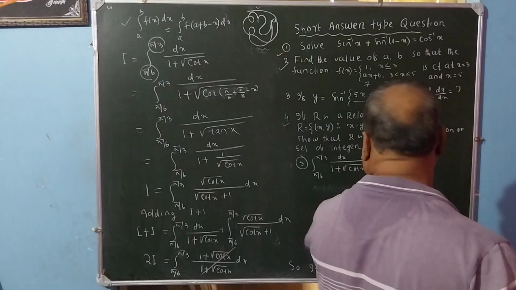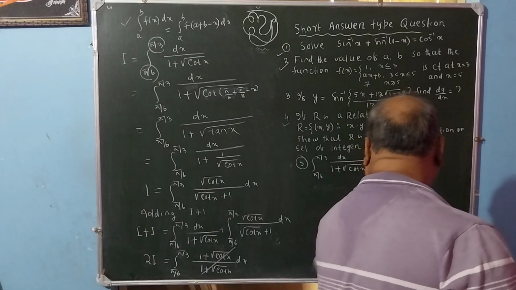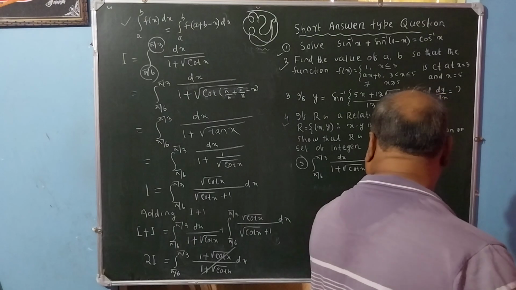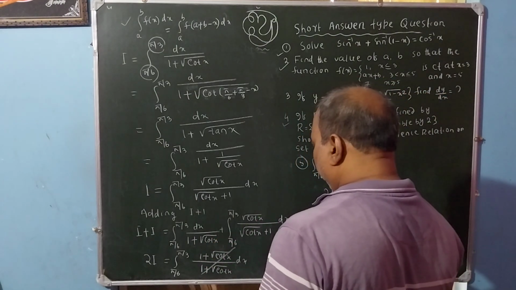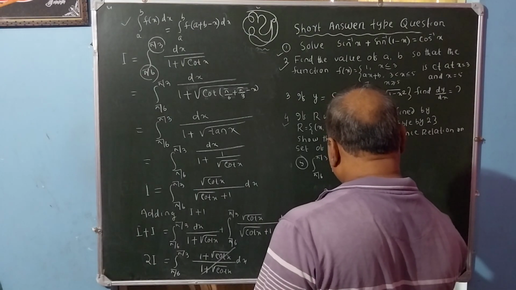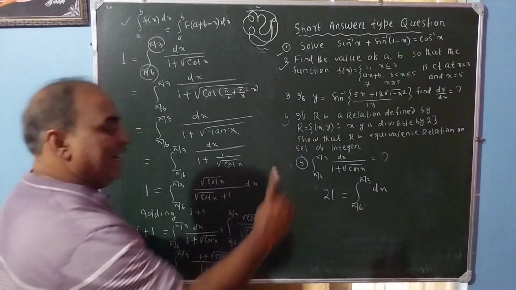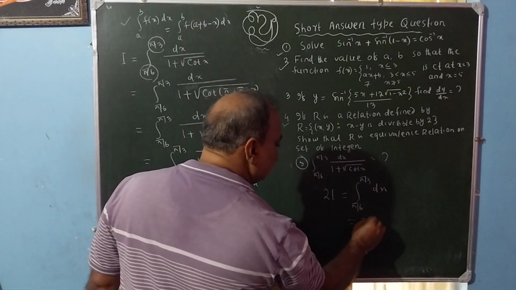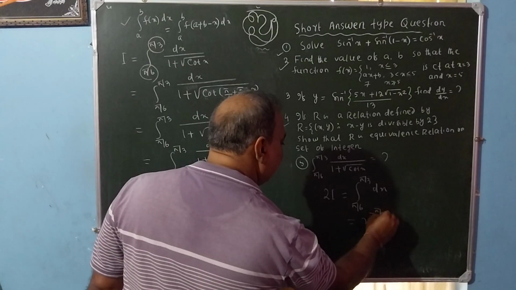Now we have to do integration of dx. Write down, 2I is equal to integration from pi by 6 to pi by 3 dx. Integration of dx is x, evaluated from pi by 6 to pi by 3.